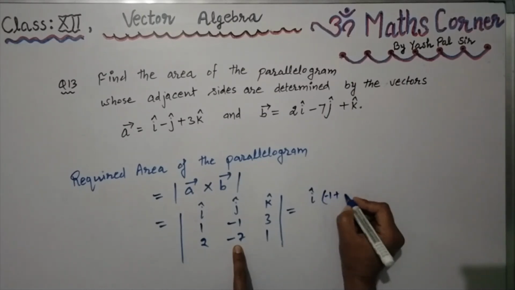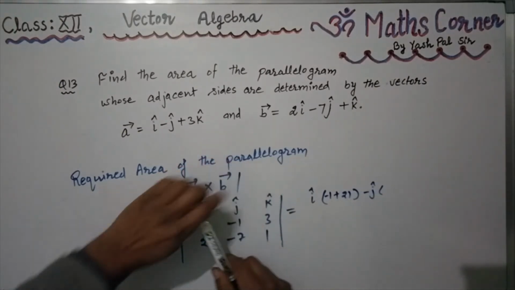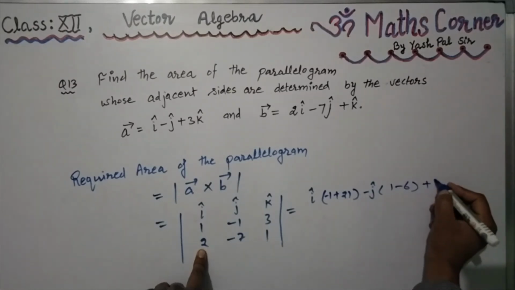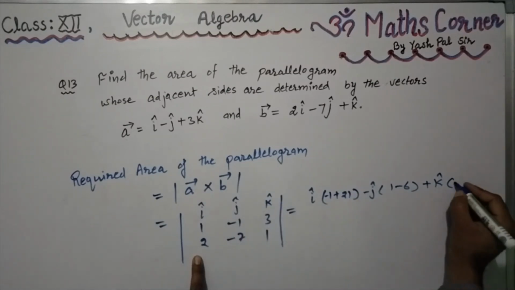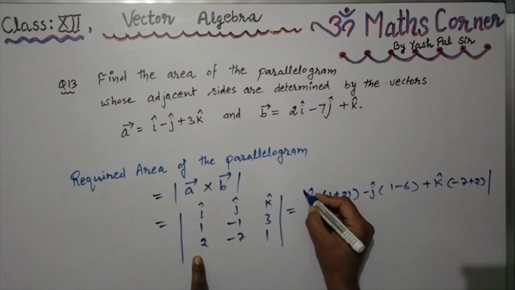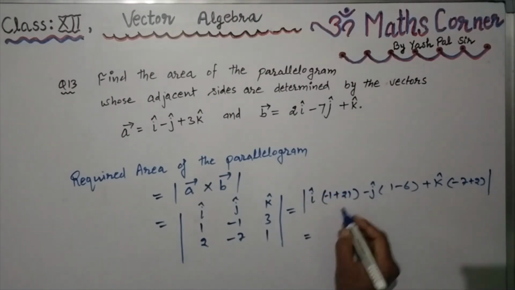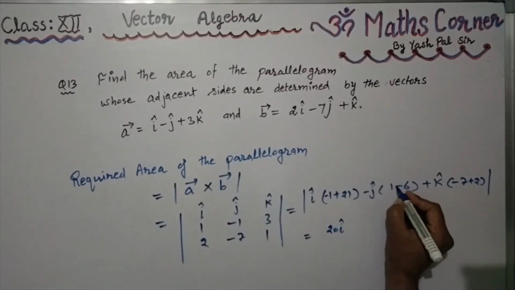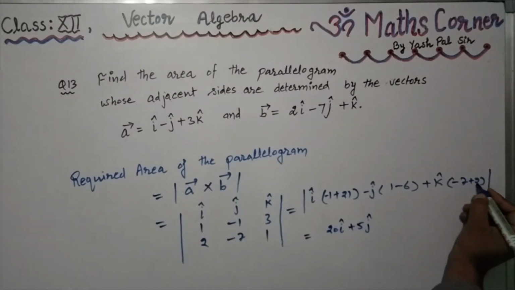So this is equal to i into (minus 1 plus 7 into 3, 21) minus j into (1 minus 6) plus k into (minus 7 plus 2), its modulus.